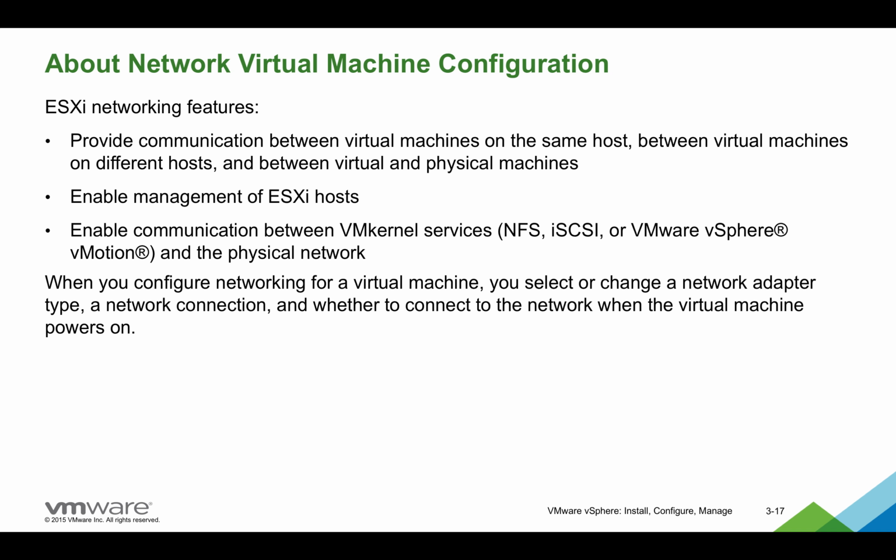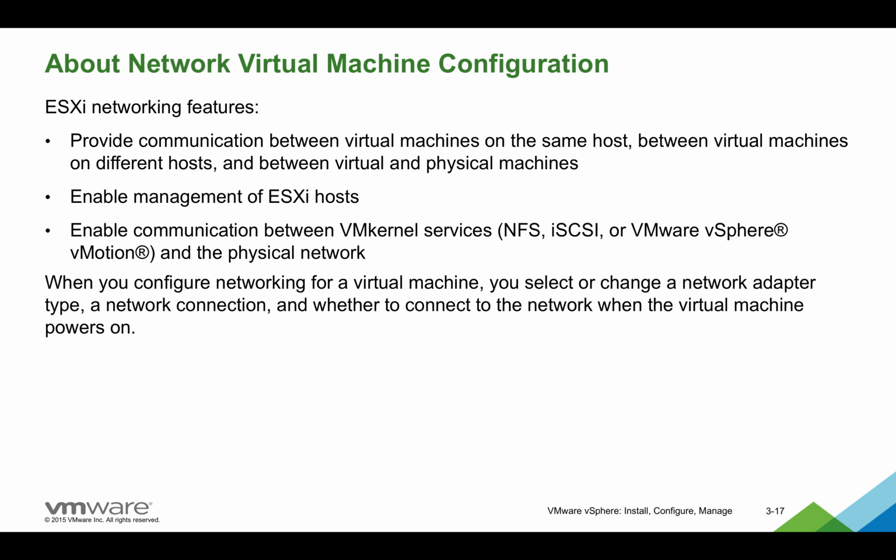Some more about network virtual machine configuration. Some of the ESXi networking features: they provide communication between virtual machines on the same host, between virtual machines on different hosts, and between virtual and physical machines.